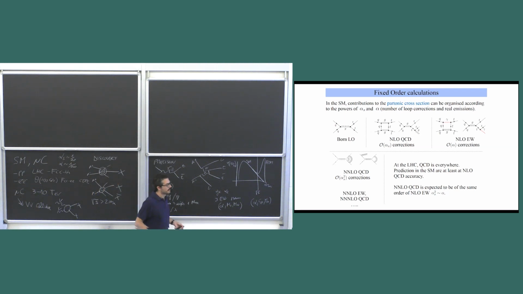So you expect that the electroweak corrections are much, much smaller. And at LHC, for example, nowadays, these predictions are always at least accurate at NLO QCD. Otherwise, you can very rarely fit the data with just leading order. And for some processes now, even corrections at higher level have to be taken into account.